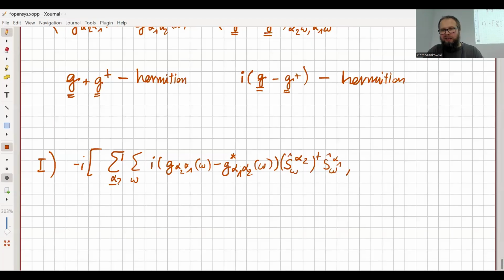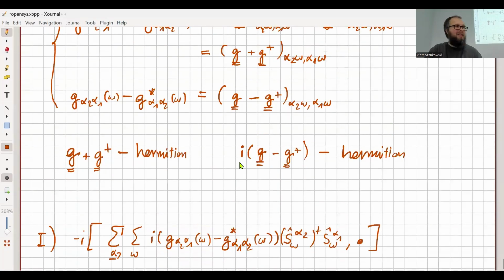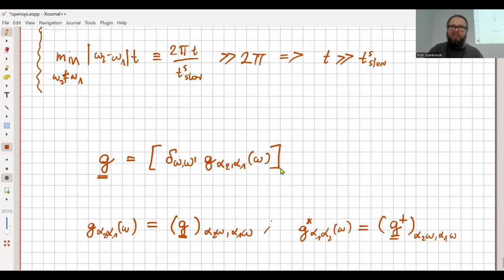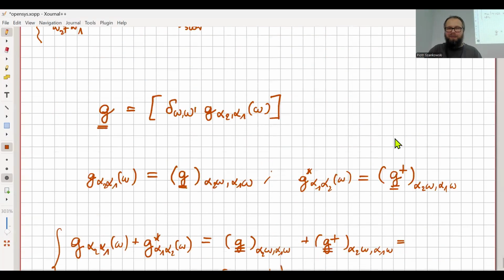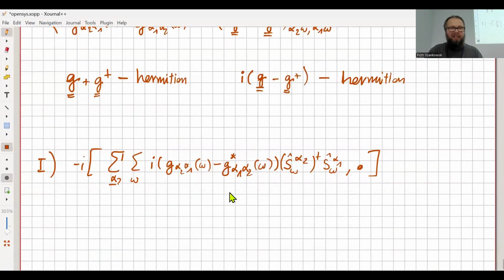Okay, so I will quickly flash just to explain. I had here this S dagger times S under commutator, so I just took all the numbers and plugged it in here under the sign of commutator, and I multiplied it by I times minus I, which is 1. Okay, so I get this then.